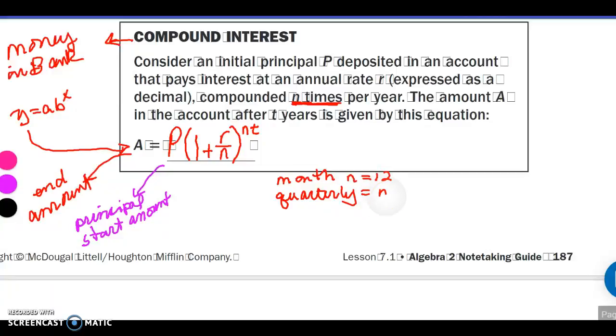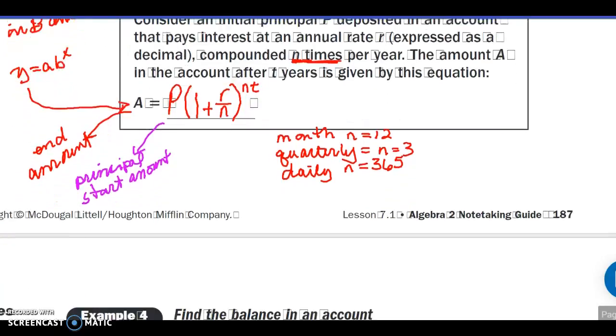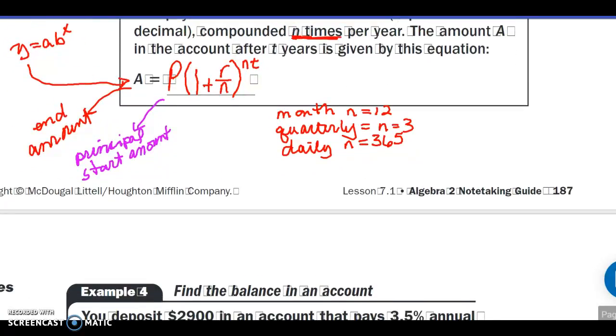If it says it's compounding daily, well, a normal year has 365 days, so we just use 365. We don't worry about leap year. We could have weekly, and then there'd be 52, but these are the ones that we normally see in our problems.